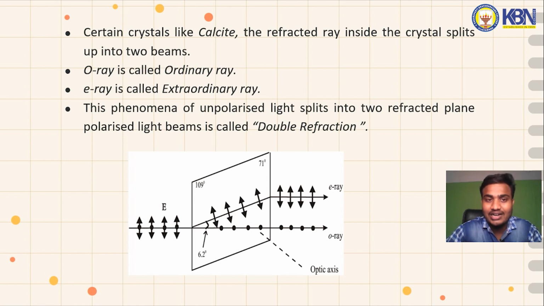One ray is called the ordinary ray, represented as the O ray, and the other is called the extraordinary ray, and their vibrations are perpendicular to each other.